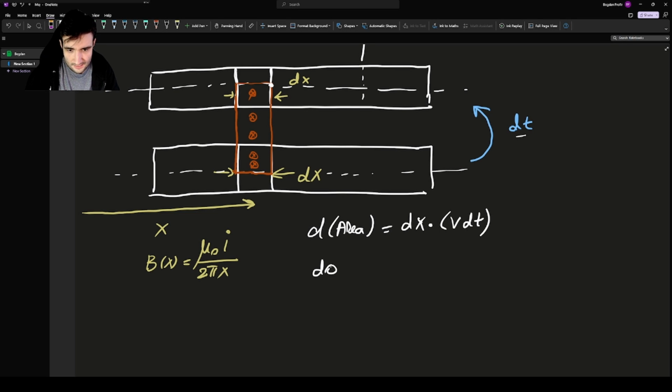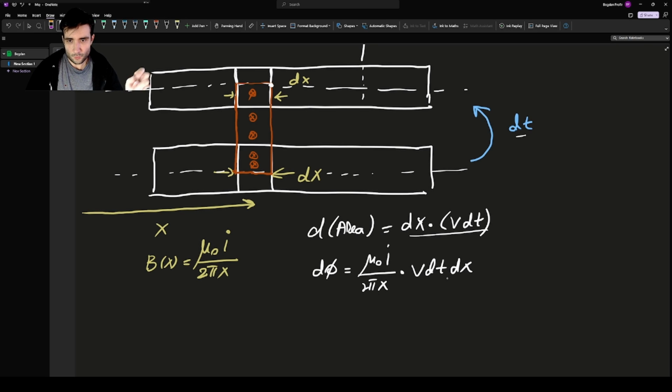So the flux is equal to mu 0 I over 2 pi x multiplied by this, which is v dt dx. Okay, so that's the infinitely small flux, which only happens for this infinitely small element that's traveling a distance in an infinitely small amount of time.